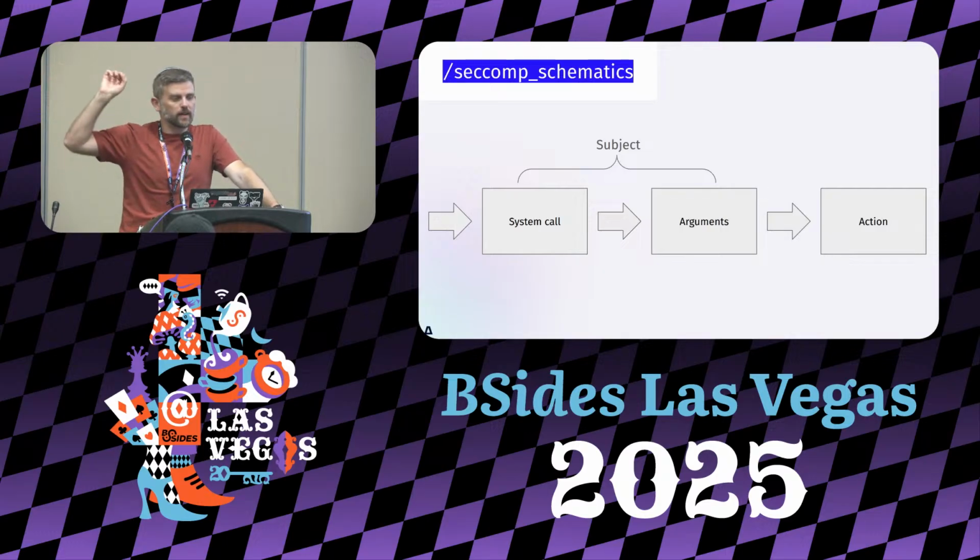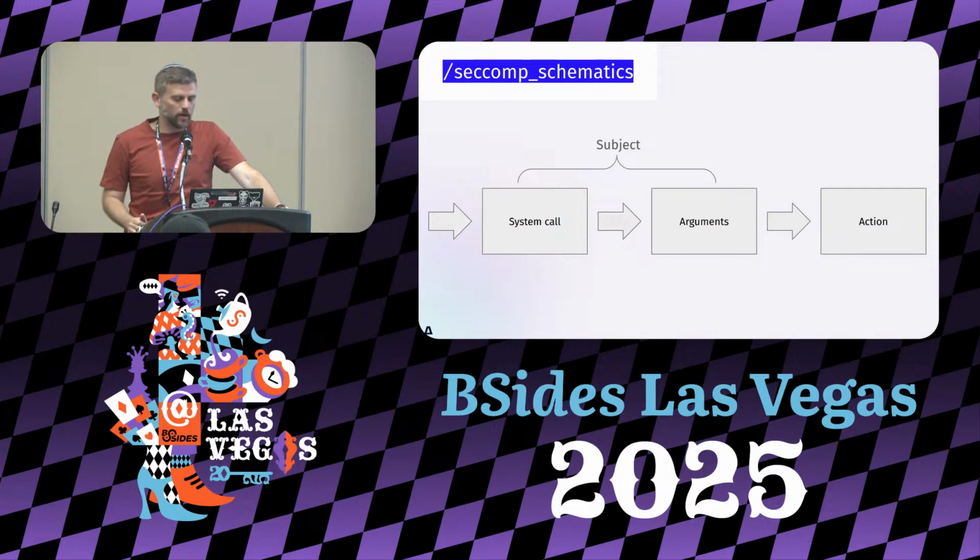So if there is, I don't know, a fork system call, then block it. Don't let the application call into fork or clone and prevent it from creating new processes. Or if there is a close system call on file descriptor 5, then just block this system call.